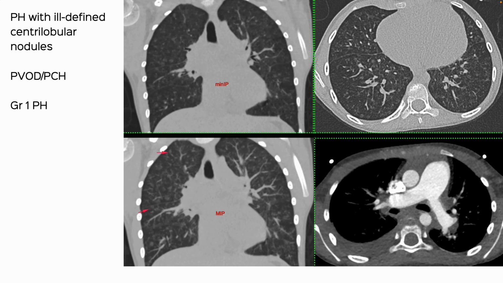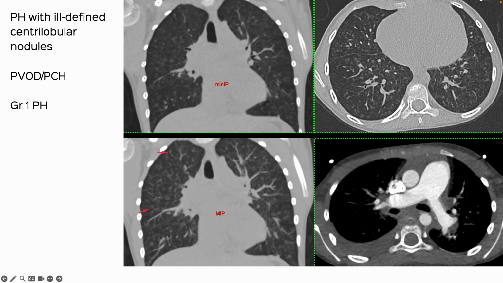The third is these patients. Now, this patient has a dilated MPA, a child. You've got these ill-defined centrilobular nodules, but no clinical evidence of an interstitial lung disease. This is a pattern that we get with either PVOD or PCH, where you have these subtle areas of microhemorrhages.